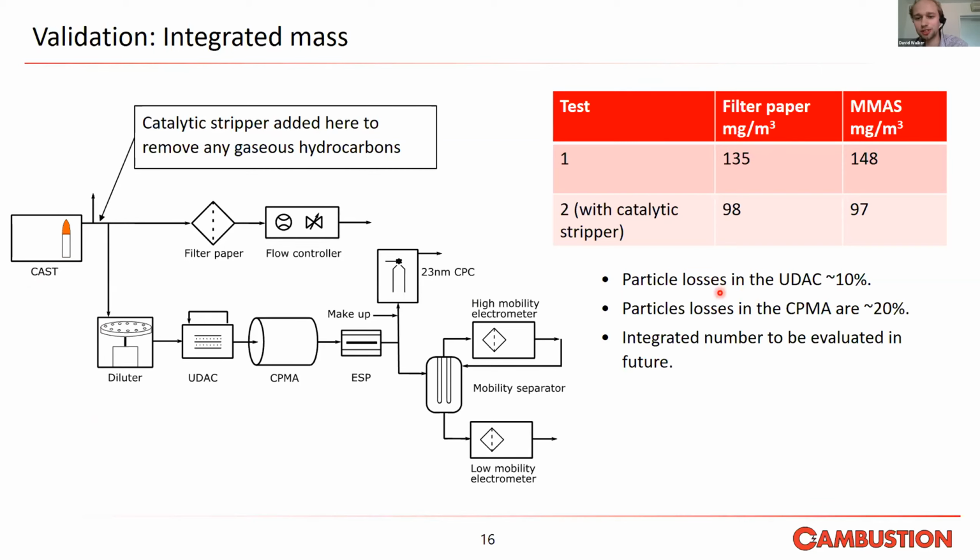And I think some luck has been involved because I'd expect a result within maybe 20%, looking at the uncertainties of the instruments, and this is within, well, 1%. There has been some particle loss correction, so I expect about 10% in the UDAC, maybe 20% in the CPMA. And probably the uncertainty in those has fed into the fortuitous result.